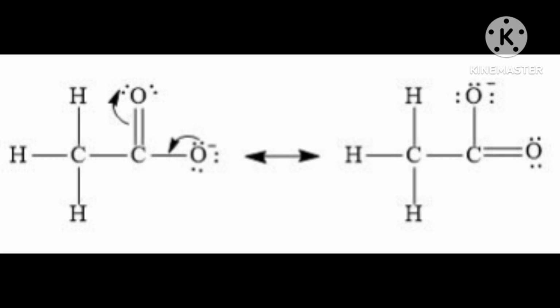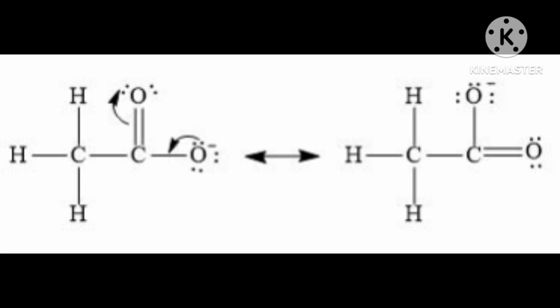I told you that according to the question, the first and second carbon already had a double bond, CH to CH. Now what will happen? This bond will break, and both electrons will be taken by that C and given to make a double bond.